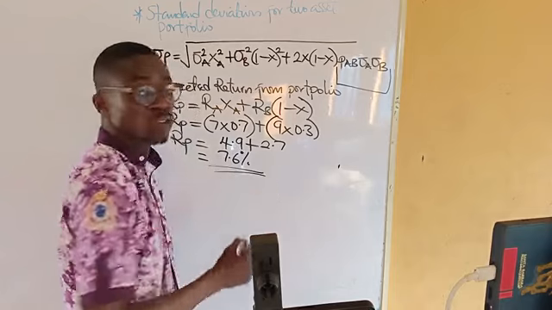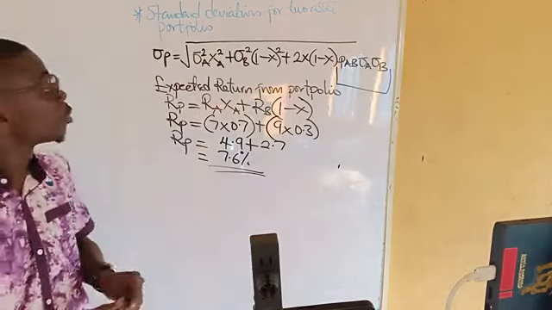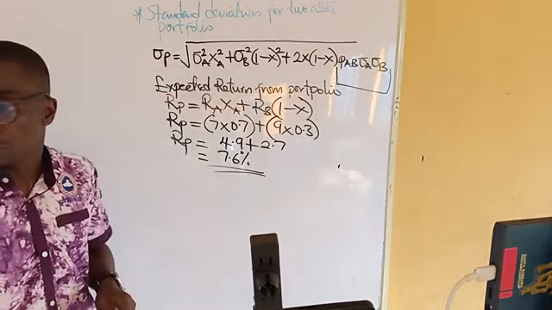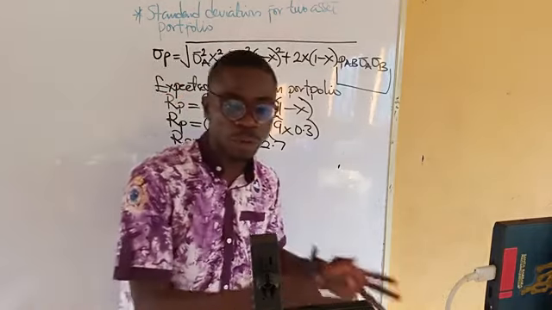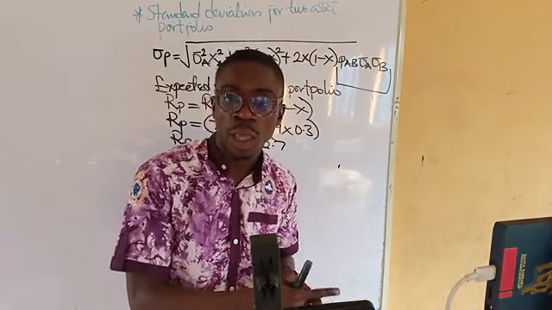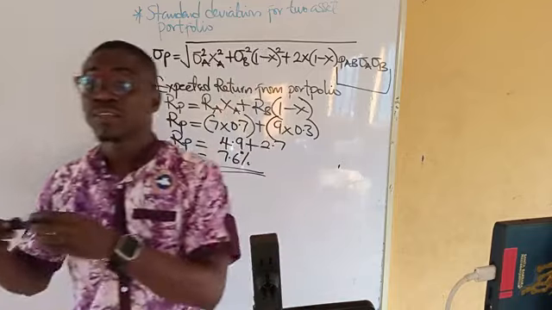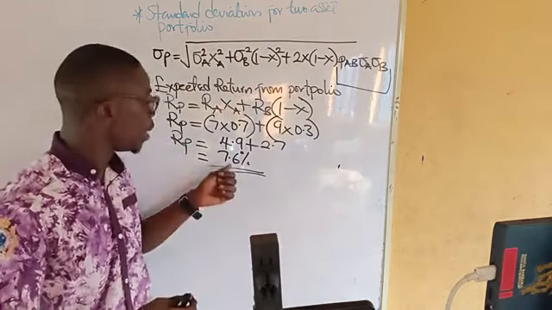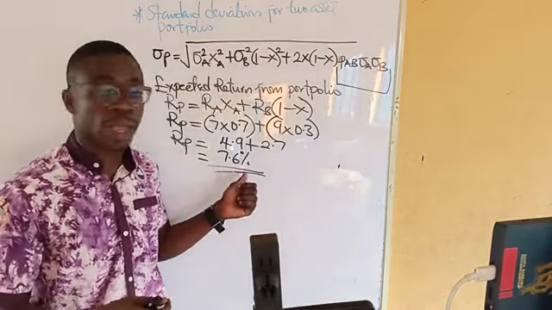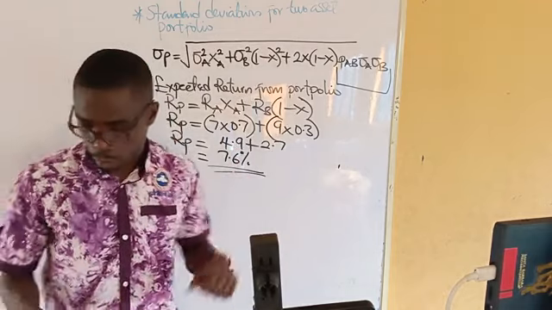So this is the expected return on the portfolio. If they invest 70% in A and 30% in B, what they will get in return is 7.6%.